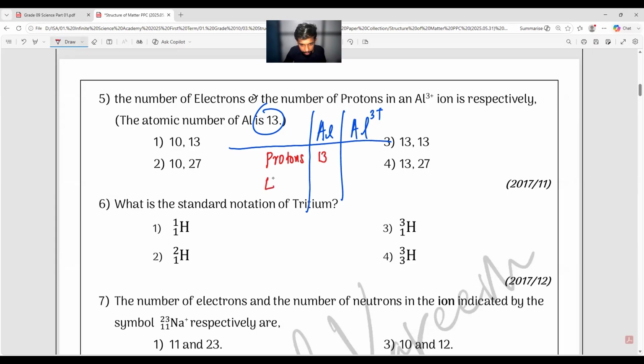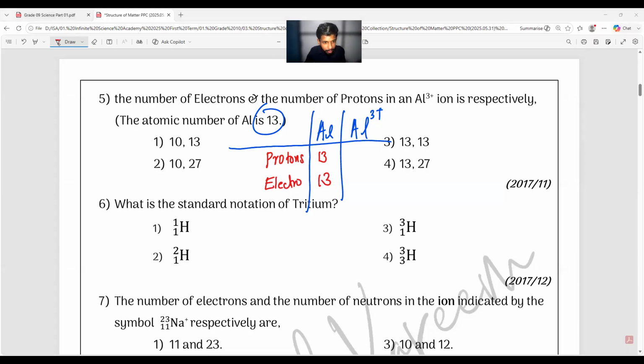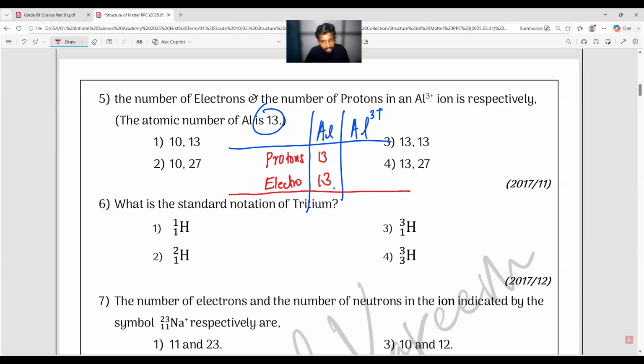And you know the electrons. Proton and electron, both of them will have 13. Now the next part is up to you. Very good, Kavish, yes, that is the answer. Now you want to calculate the protons and the electrons.